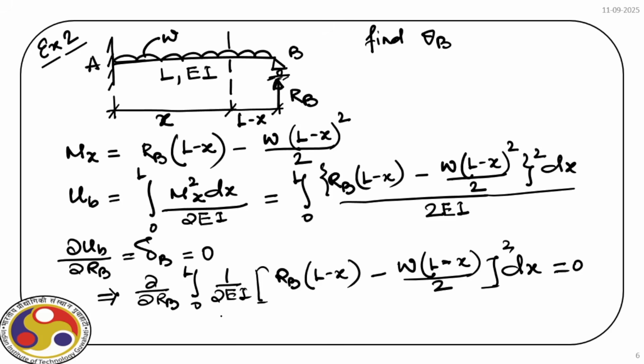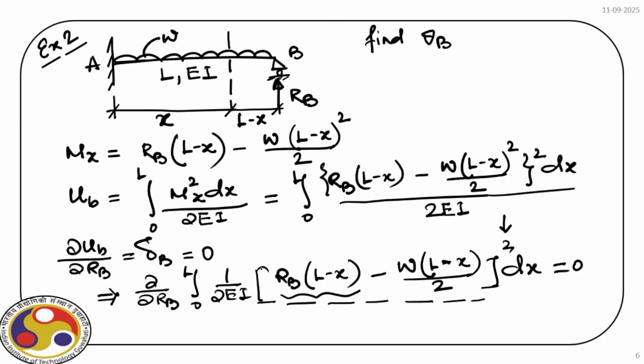Okay, so now we can differentiate this third bracketed term with respect to RB. Now, if we differentiate that, what will happen? This 2 will be in coefficient, and then we have this third bracketed term times the differential with respect to RB, so we'll have L minus x. Let us complete that exercise. So we have 1 by 2EI, then 0 to L, 2 times this third bracketed term.